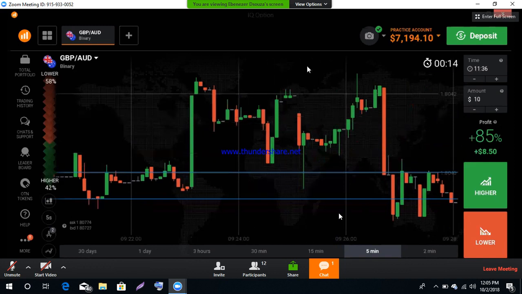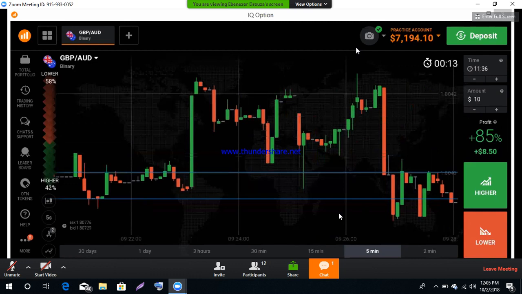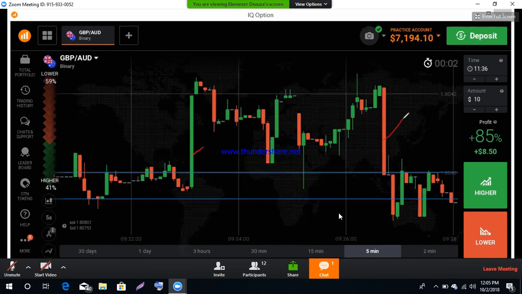You can see you can't take this candle as a confirmation. You can see this is a very strong candle. Even this is a very strong candle. You can't take this as a confirmation. This is not a confirmation candle. You can't take this as a confirmation.